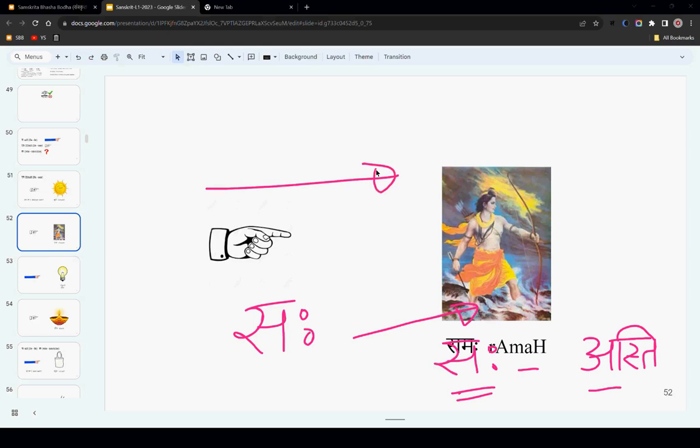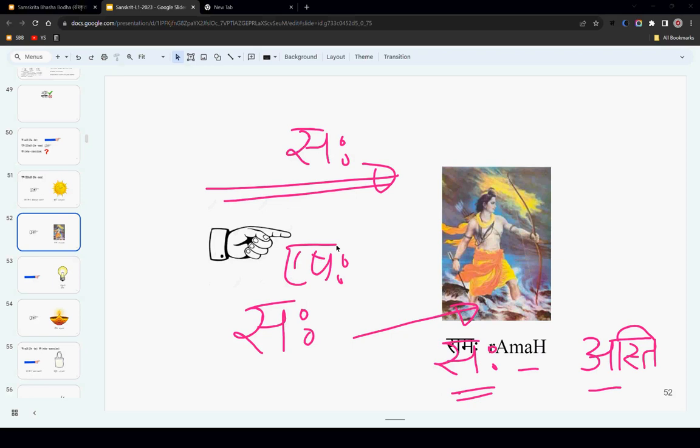So Saha we generally use to indicate that, or something that is a little bit away, far. If something is close, we use Eshaha. Eshaha Ramaha, this is Rama. Saha Ramaha, that is Rama. Asti can be optionally added. Asti means is.